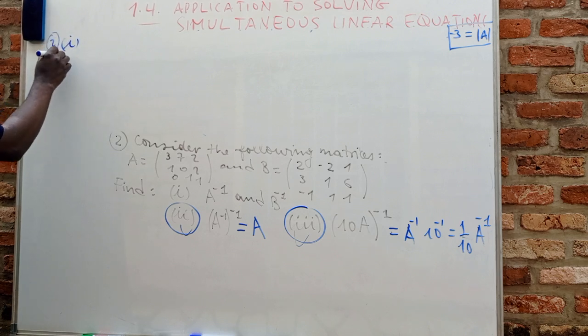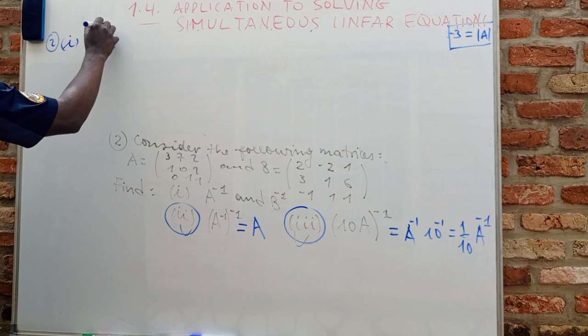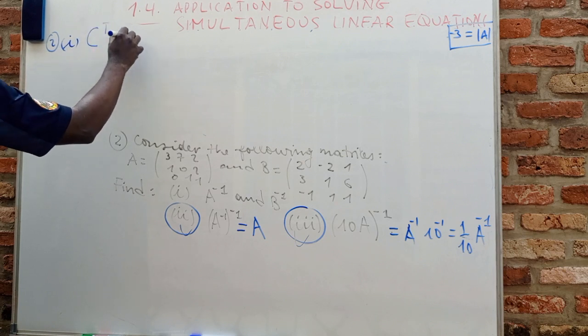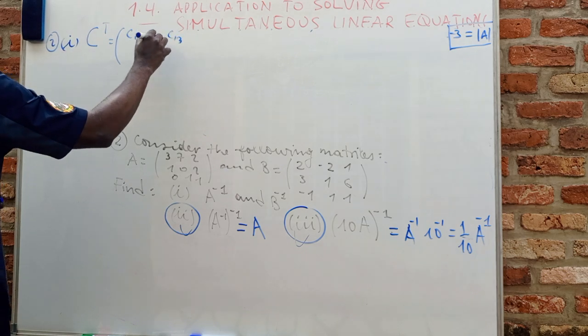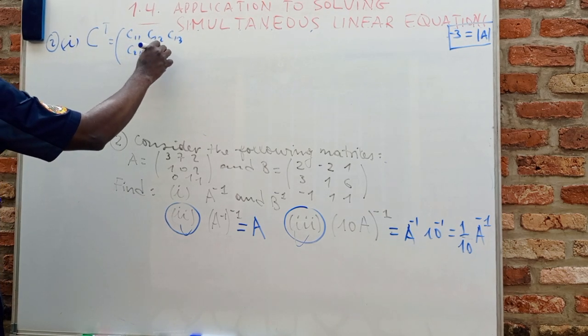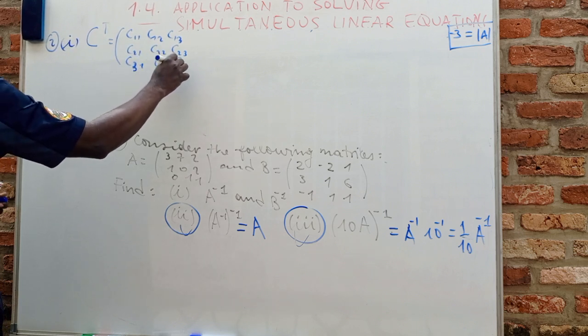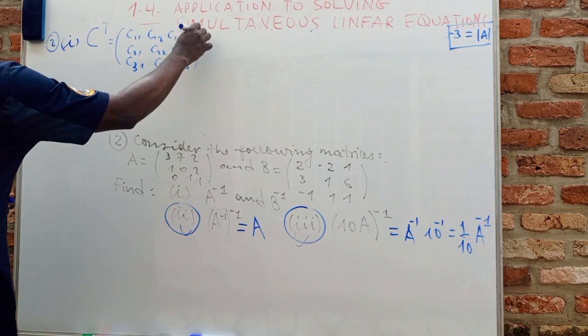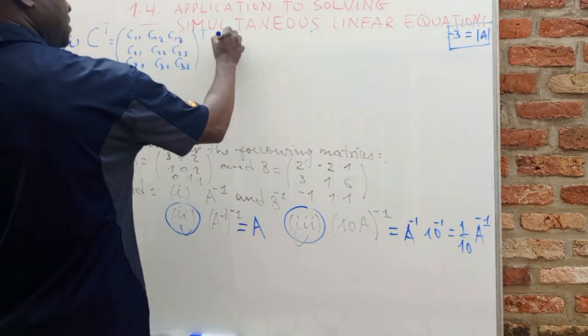So question I. Now let us look for the cofactor matrix, and after that we are going to look for the transpose: C13, C21, C22, C23, C31, C32, C33, and we take the transpose. Again, let us start with C11.